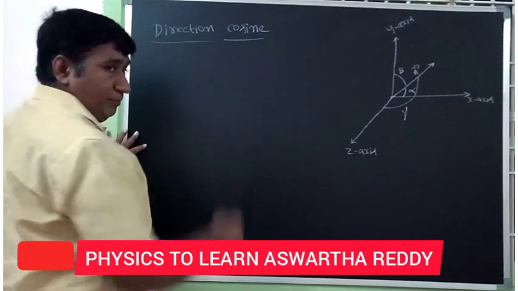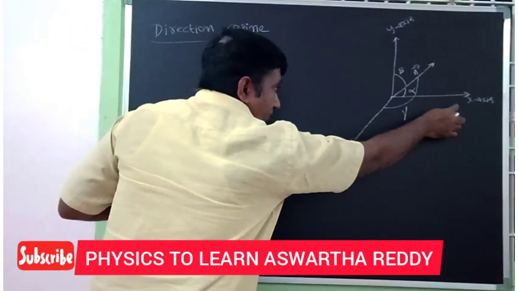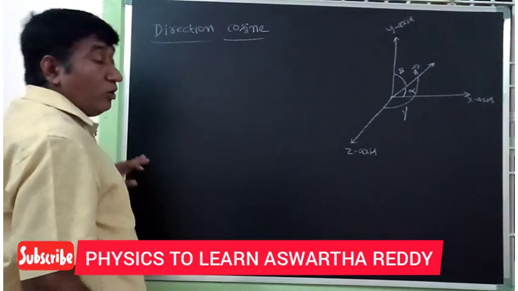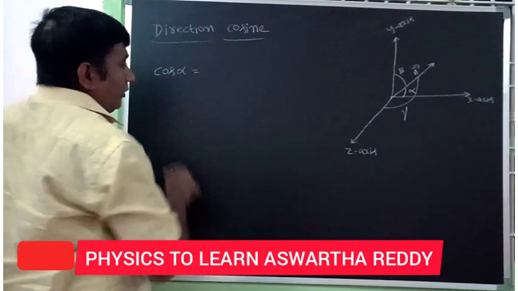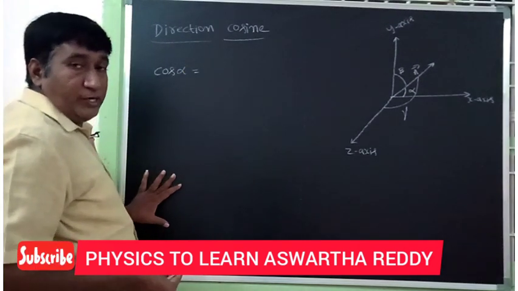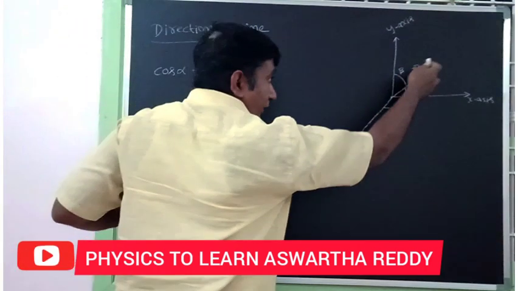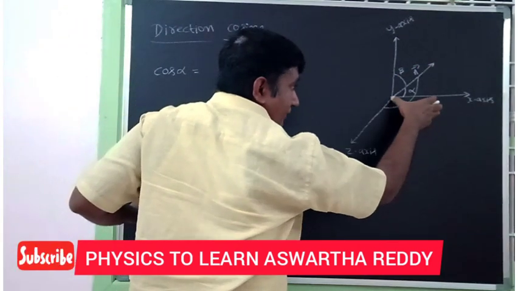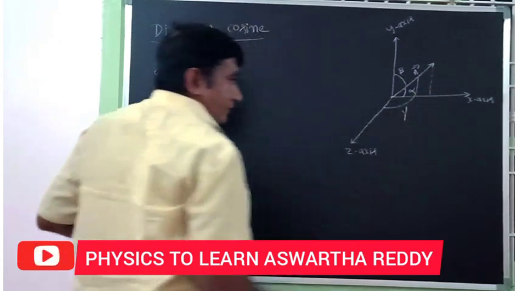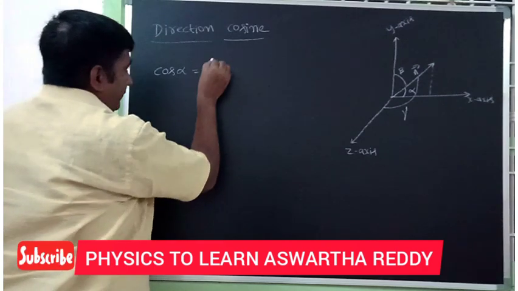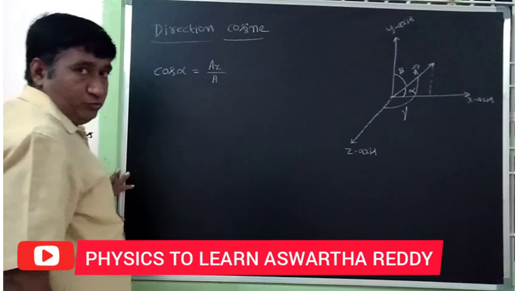The angle made by the vector with respect to the x-axis gives cos alpha. So cos alpha is equal to adjacent side by hypotenuse. Here the hypotenuse is a, and the adjacent side along the x-axis is the component ax, so cos alpha is ax by a in terms of magnitude.